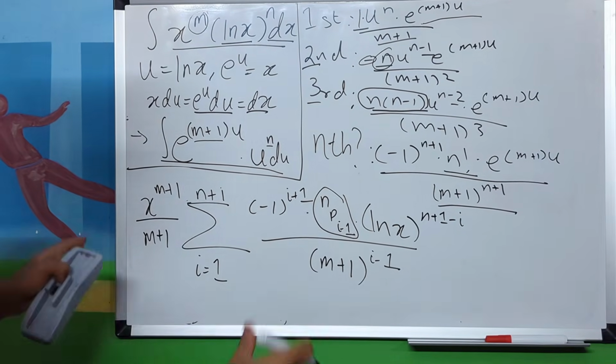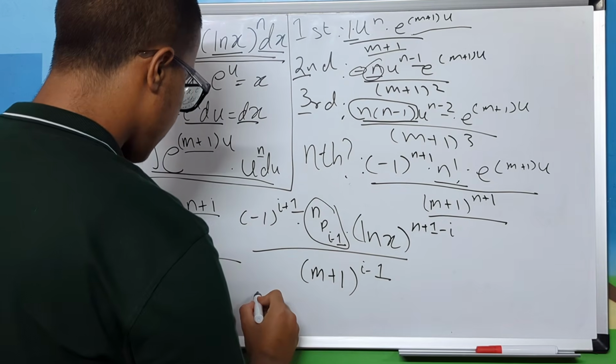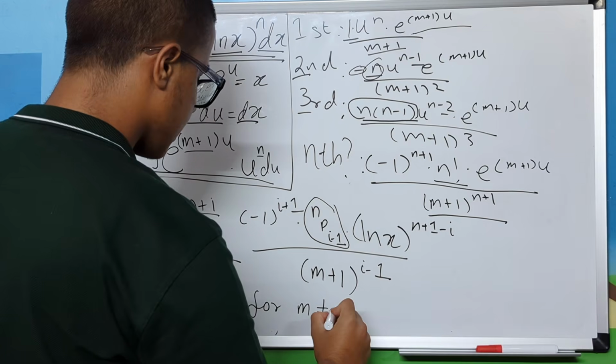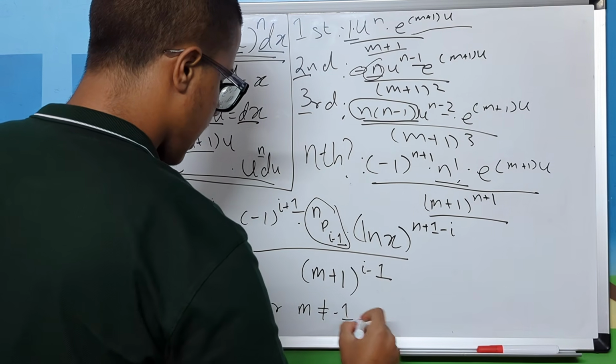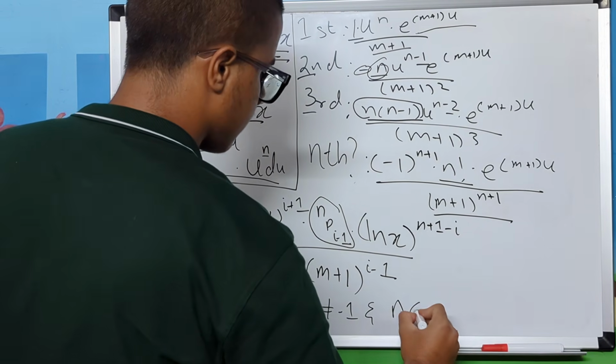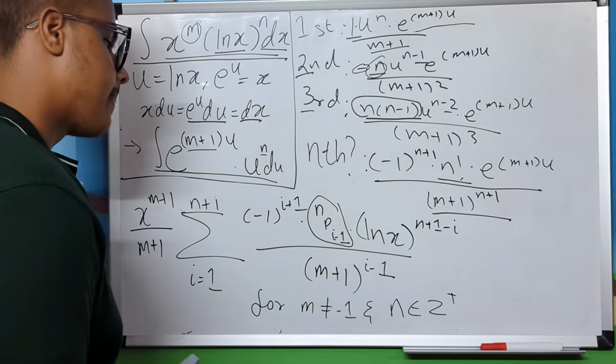So this entire expression holds for every m not equal to minus 1, and for every n which is a member of the positive integers. And then this works for everything.